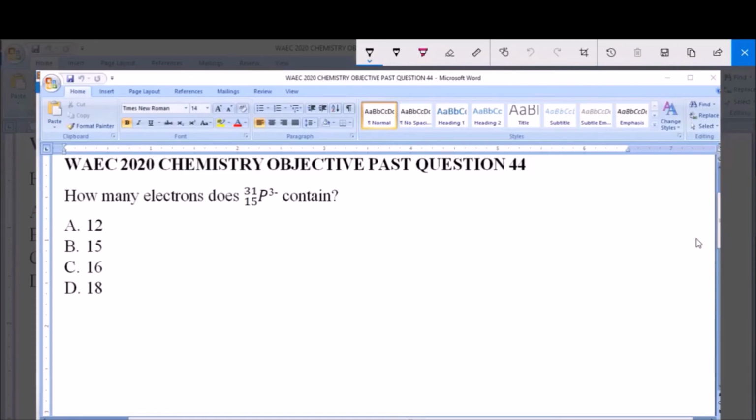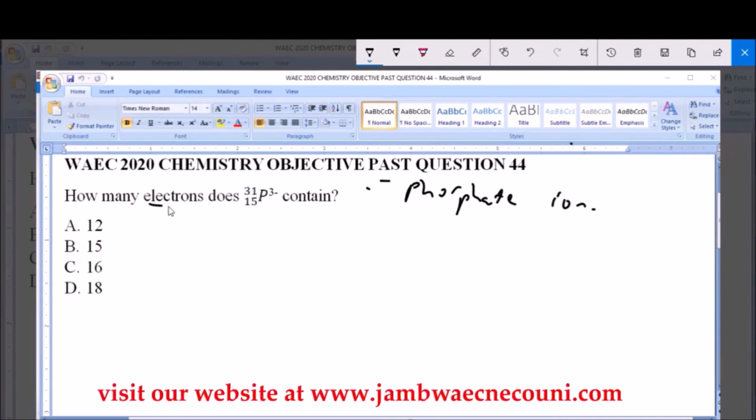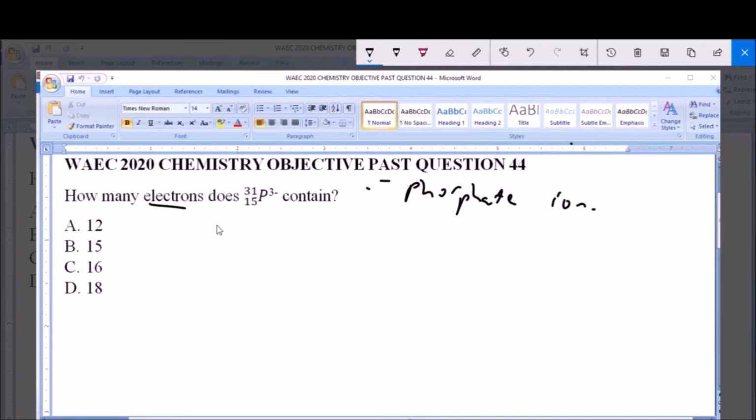So this ion of phosphorus, also known as the phosphate ion, which we have represented here, we are asked how many electrons it contains. Now we are given the atomic number and the atomic mass.